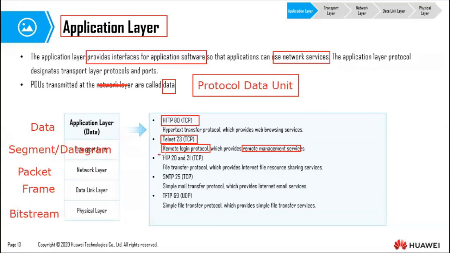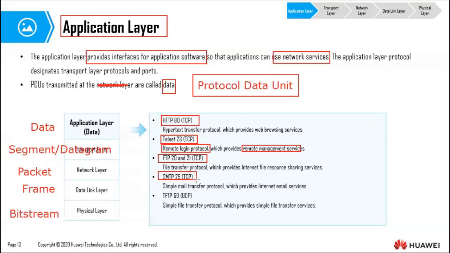So another protocol that operates at the application layer is FTP. FTP uses two ports, port 20 and port 21, file transfer protocol. It also uses TCP. So don't worry, we're going to learn what 20 and 21 are used for.